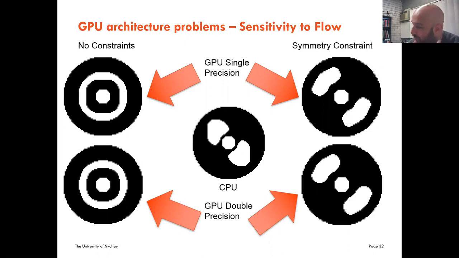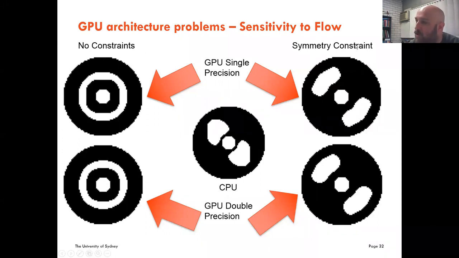With the GPU architecture, whether we use single precision or double precision didn't make a lot of difference to the final answer. So if we take the CPU to be the truth, we can see that with no constraints, we actually get a completely unfeasible answer.